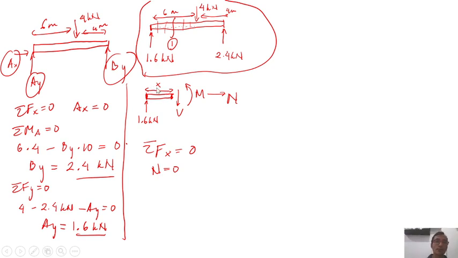Because later I want to find the phi in terms of x, the m in terms of x, and n in terms of x, because I want to draw the stress distribution, the force distribution and the moment distribution. That's why, like it or not, I have to have a variable x, where x is the location where I cut it. So I just cut it at one location, then assume that I cut it at x like that.